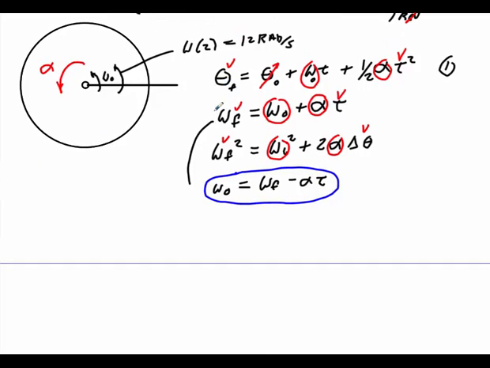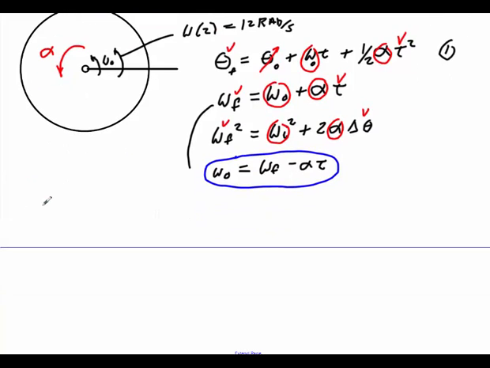So rewrite this. We know our final position, which we noted was 32 pi. So we'll take 32 pi plus the initial angular velocity, and our final is going to be 12 minus angular acceleration times time.